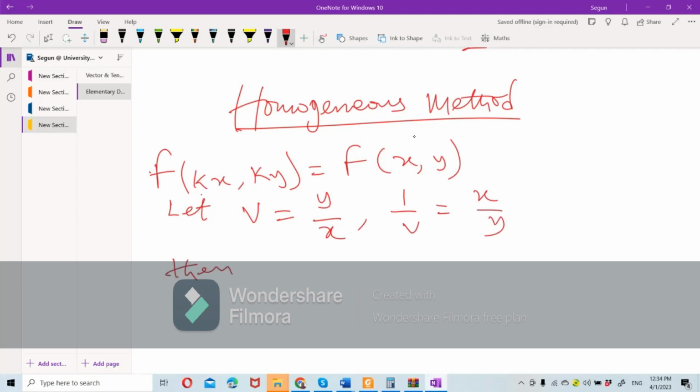Then if I cross multiply here, what do I have? y equals vx.